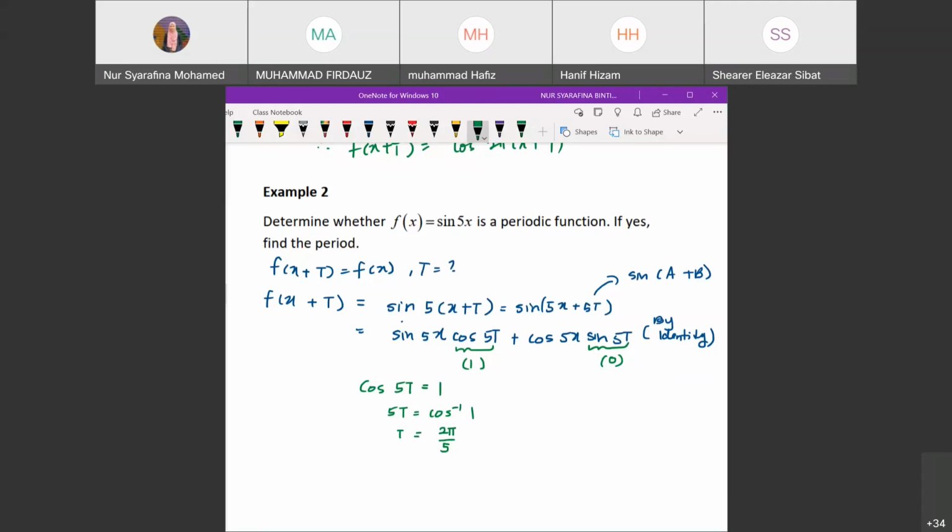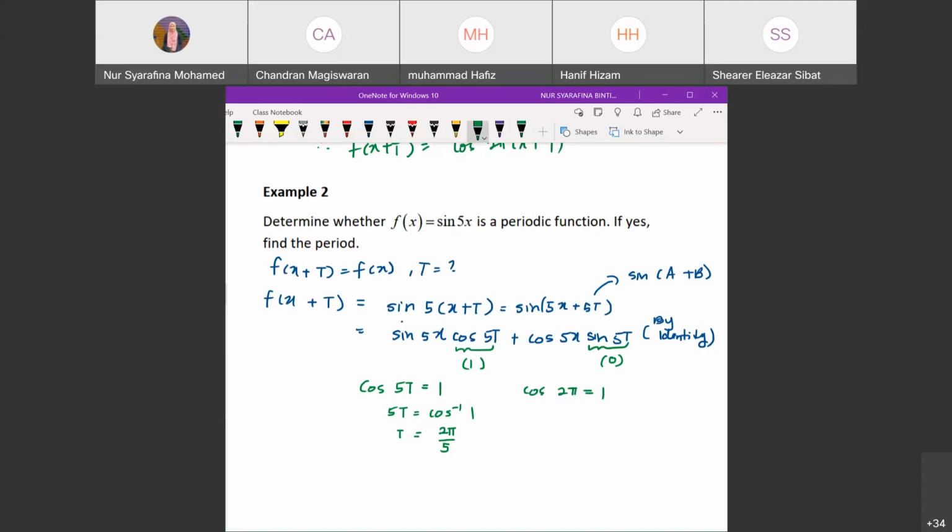All right, understand or not? Because cos 2 pi equals 1, right? Cos what equals 1? Cos 2 pi equals 1.